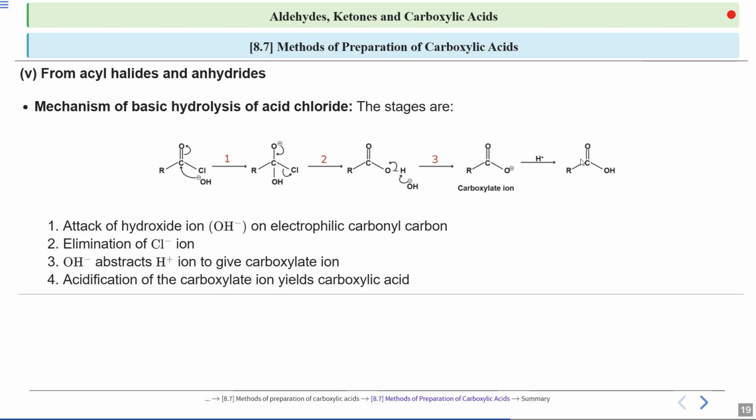It involves adding a proton to the carboxylate ion, resulting in the formation of the carboxylic acid. Okay, so first is the attack of the hydroxide ion, then there is elimination of Cl, then the OH minus ion abstracts H plus to give you a carboxylate ion, and then there is acidification of this carboxylate ion to give you the corresponding carboxylic acid.